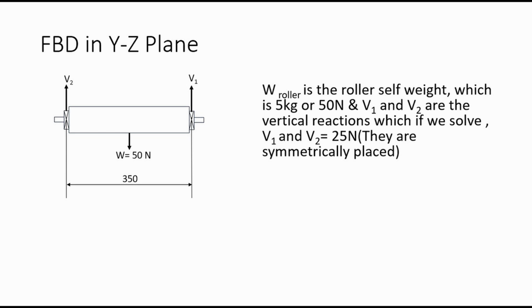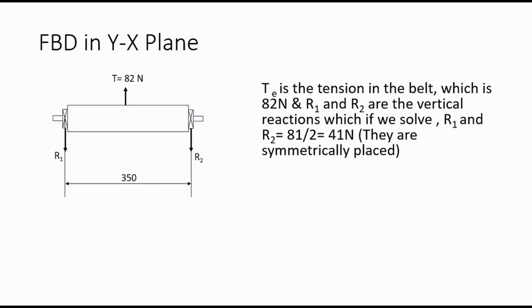Now we will focus on the XY plane. In the XY plane, let's make the free body diagram, which will look like this as you are seeing in the picture. Here R1 and R2 are the vertical reactions, and Te is nothing but the tension in the belt, which is 82 Newton, and the rest of the dimensions are the same.